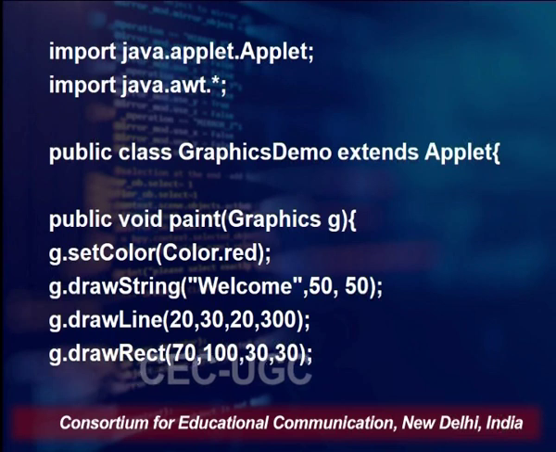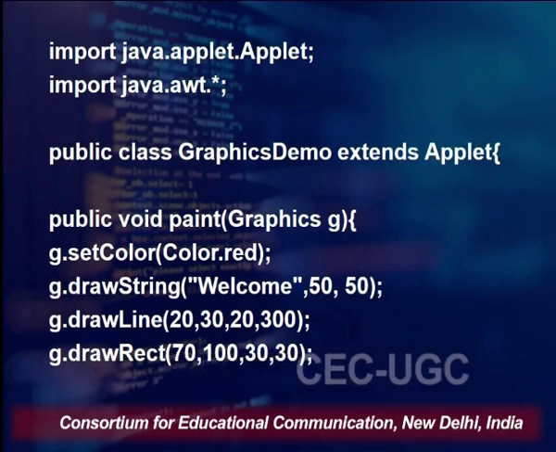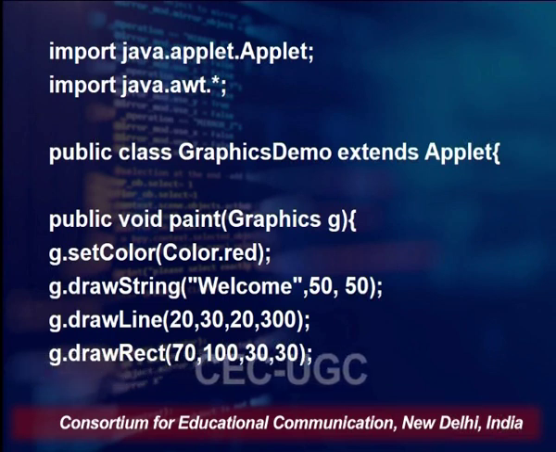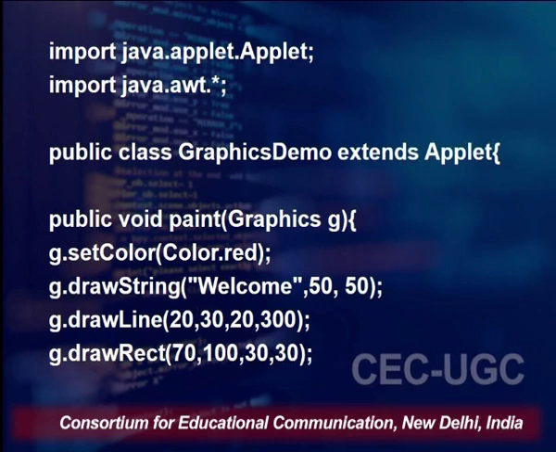How these methods are going to be written inside this applet program, let us have a quick look. So, import java.applet, import java.awt.*. Here I have not just asked for the Graphics as in the previous program.